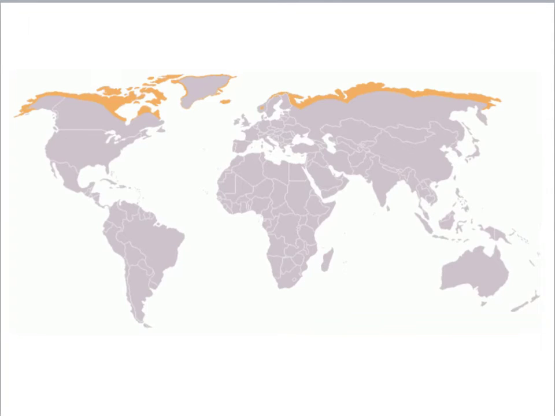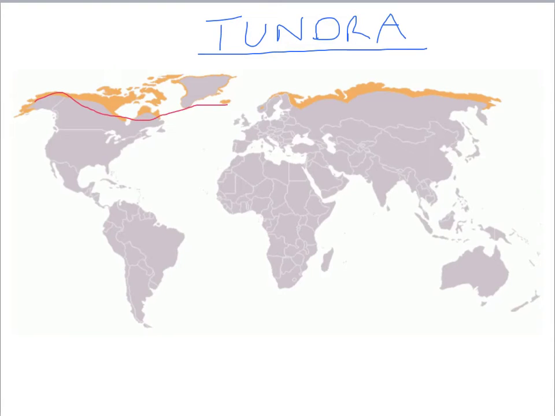Okay, now I want to talk about a landscape or a biome which is very linked to our polar regions, and that's the area of tundra. Now, tundra is principally found in the northern hemisphere, and it's denoted by this area here, the orange zone.